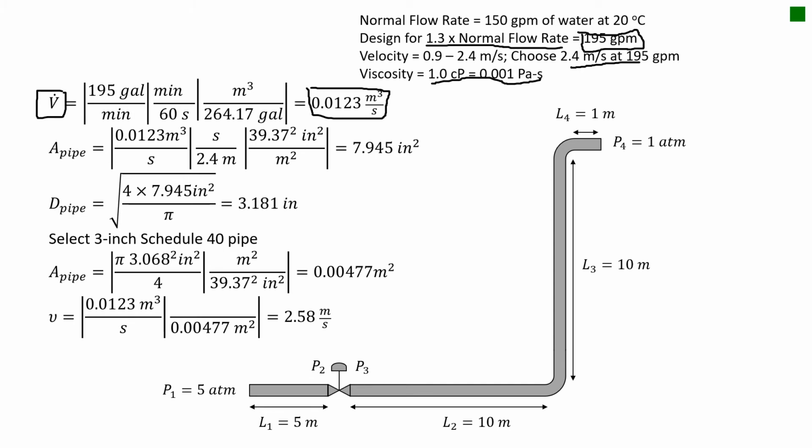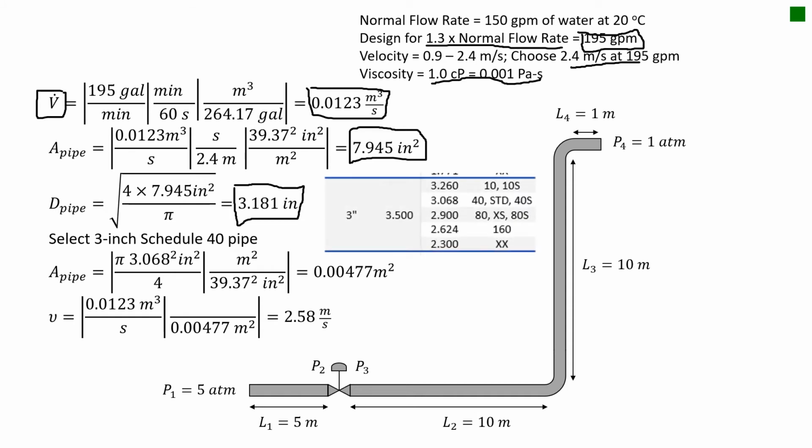In this case, I take my volumetric flow rate divided by 2.4 meters per second, and then convert meters squared to inches squared. I'll find that my area of the pipe is going to be slightly less than 8 inches squared. And knowing that the area is just pi d squared over 4, I can solve for my pipeline diameter of 3.181 inches.